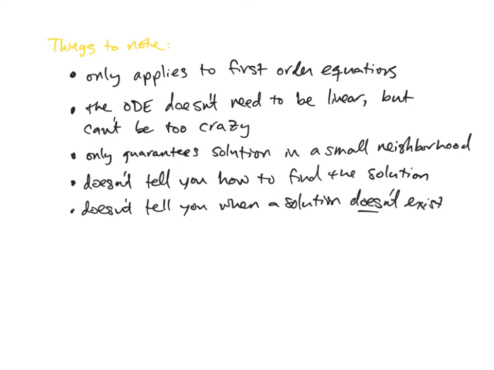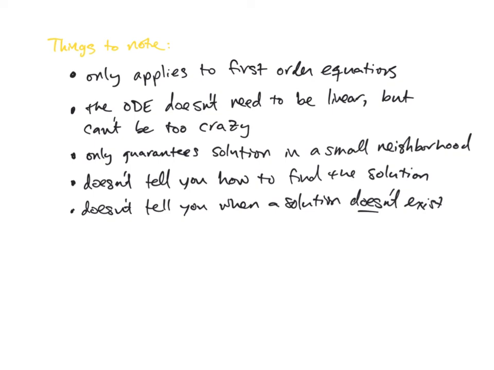It doesn't have to be super nice and linear, but it's got to have some element of niceness to it. Next, it only guarantees a solution for a little while after your initial condition. It gives you that delta and some interval after your initial x naught, but that delta could be really, really small. So it tells you solutions exist for a little while, but not necessarily indefinitely.